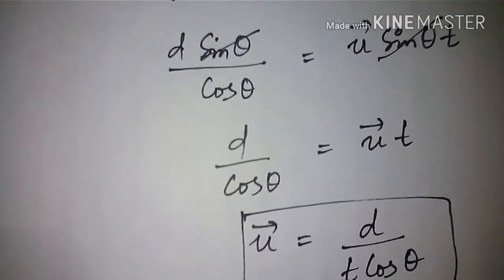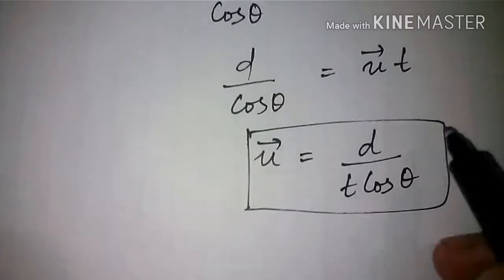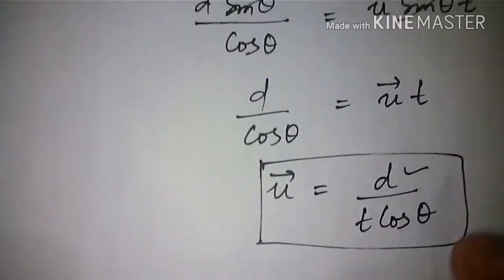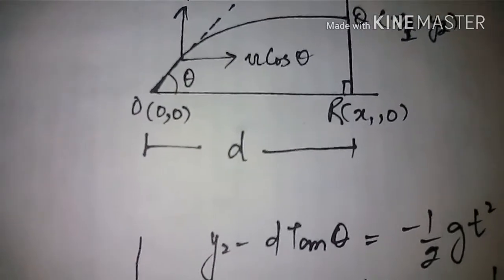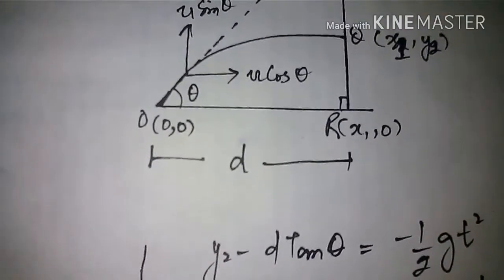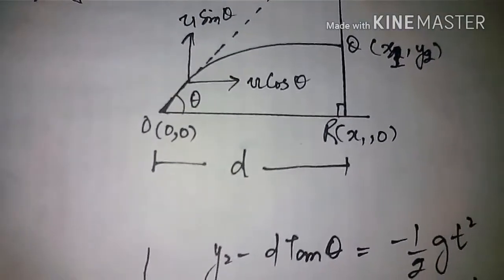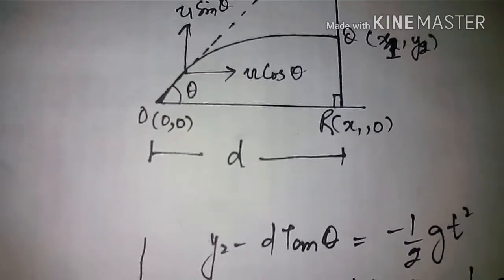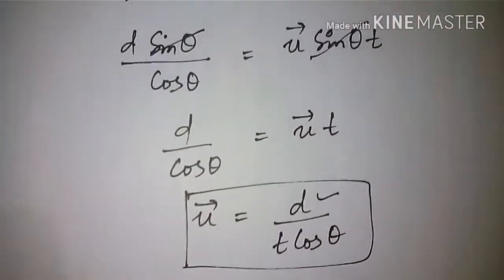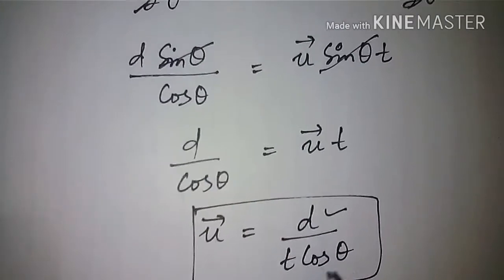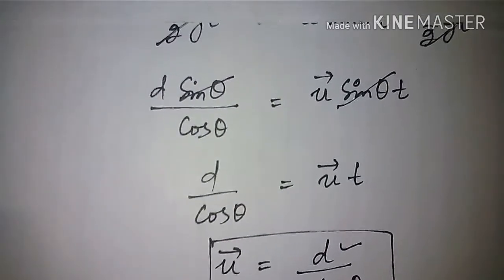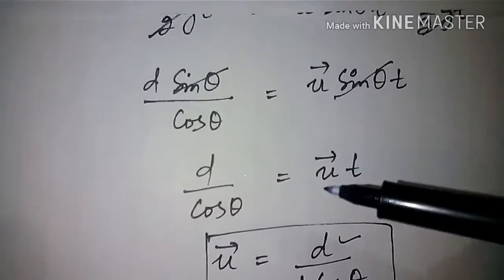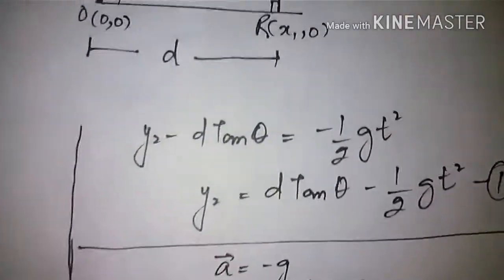All right, now comes the point. Here we can see that d is the distance between these two points, O and R. This is constant because you are firing a projectile from a point that will be constant. You are not changing it. And also the angle is constant, so cos theta will also be constant, and the time of flight of both the falling object and the projectile will be the same.